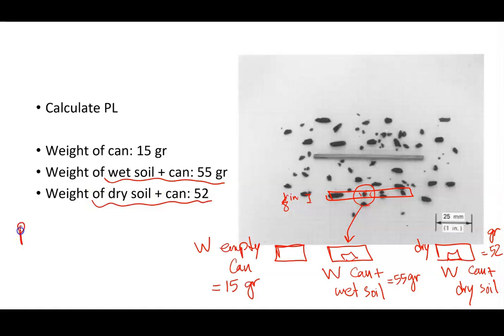So PL is the water content, and it's equal to the weight of water, which is 55 minus 52, divided by the weight of dry sample, which is 52 minus 50. That's our plastic limit.